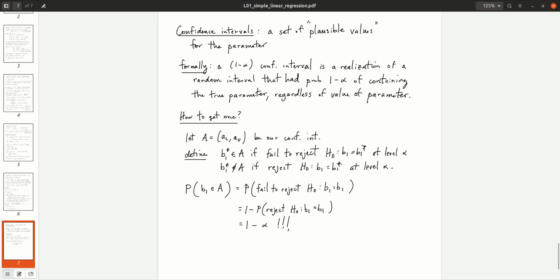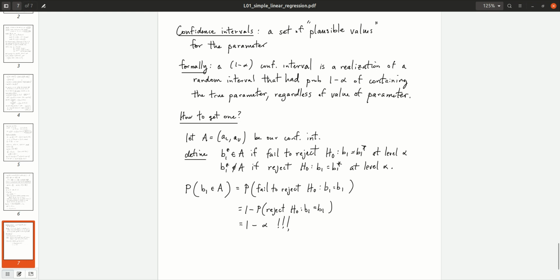Now we can see that this method of generating a confidence interval conforms to our formal definition of the confidence interval. So here's how it works. We have to calculate the probability that the true value is in the confidence interval. All right, so B1 is in the confidence interval if we fail to reject H naught, B1 equal to its true value.